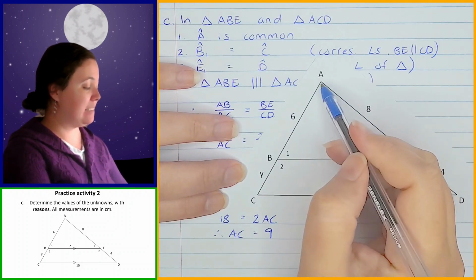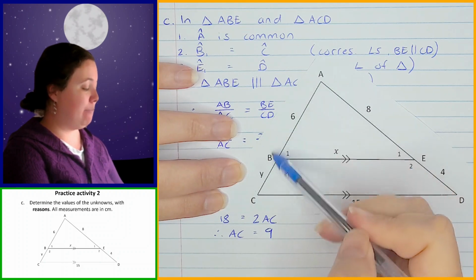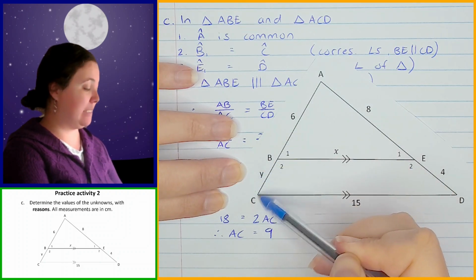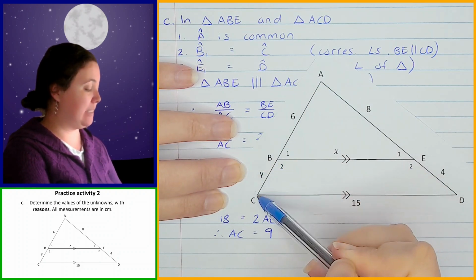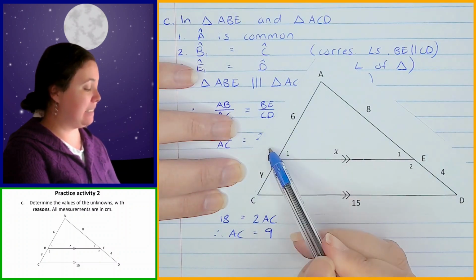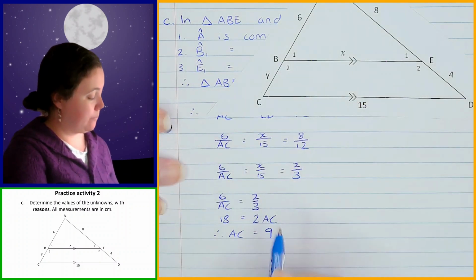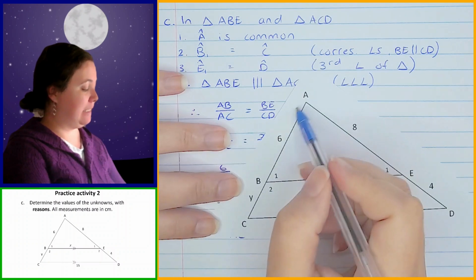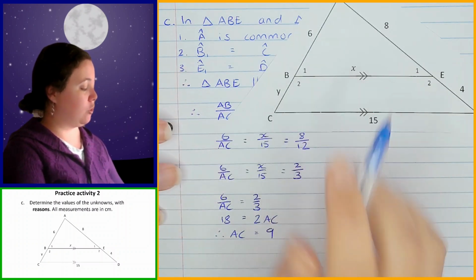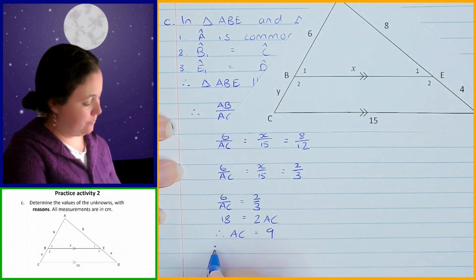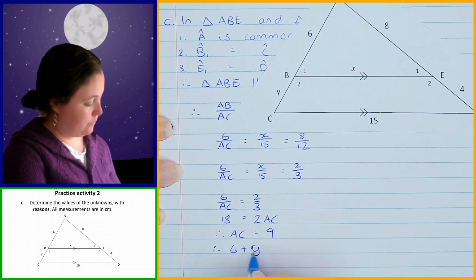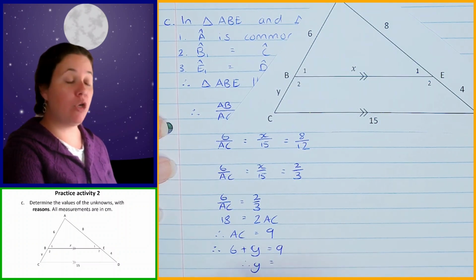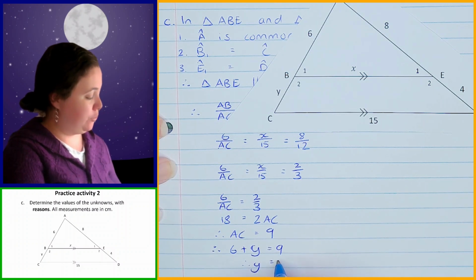So now remember, AC is made up of AB and BC. AB is 6 and BC is Y. So AC is 6 plus Y. So now I can say that 6 plus y is equal to 9, which means that y is equal to 3 centimeters.